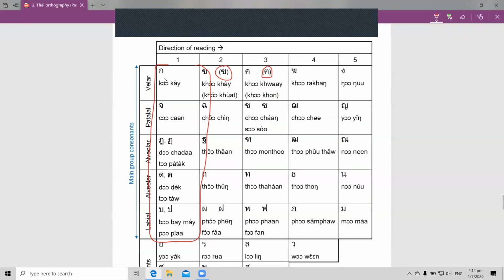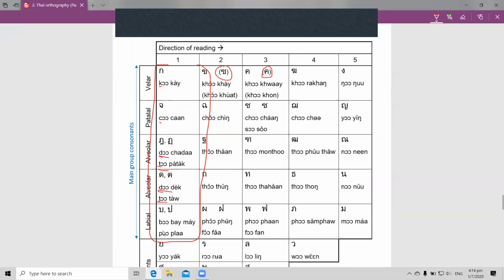All these consonants here, ko, kai, cho, chan, do, chada, to, pata, do, dek, to, tao, bo, bai mai, po, pla, are unaspirated stops, correct? The ko sound, the cho sound, the to, same sound. These are pronounced the same.